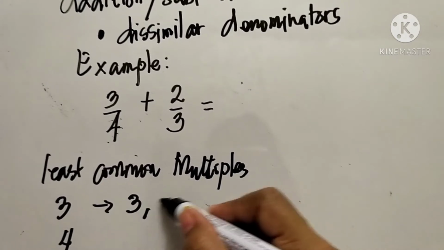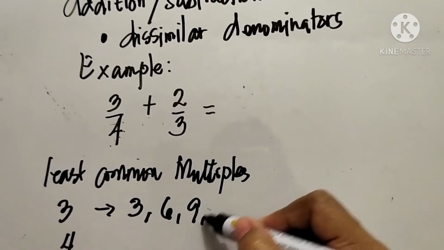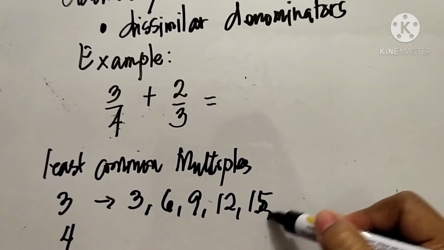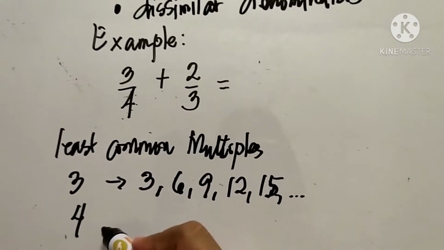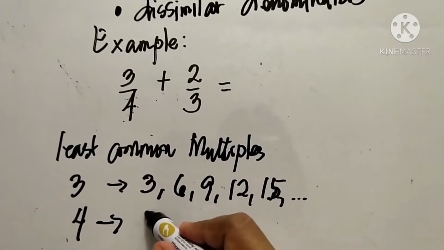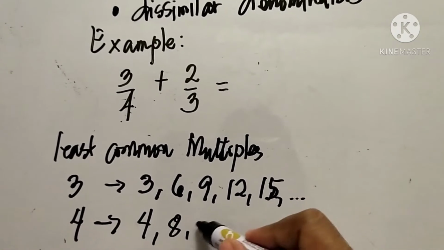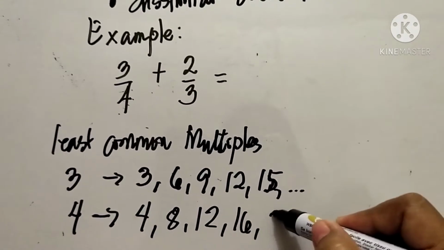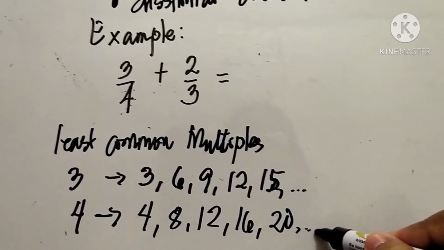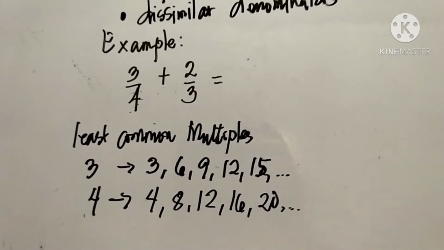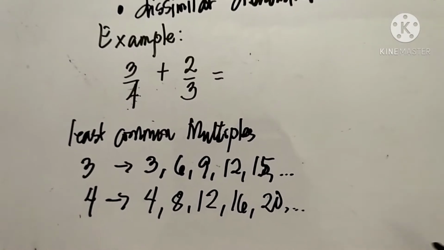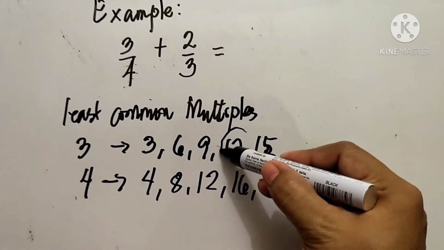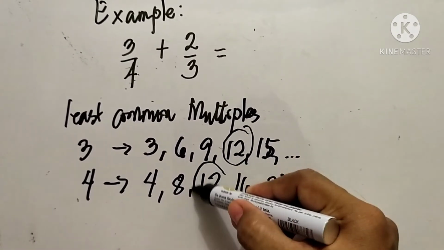Multiples, we have 3, 6, 9, 12, 15, and so on. Then for 4, we have 4, 8, 12, 16, 20, and so on. So those are the multiples. What is the least common? Pinakamaliit na common. Least. 12 and 12.